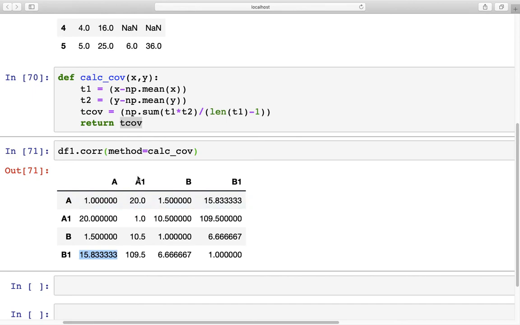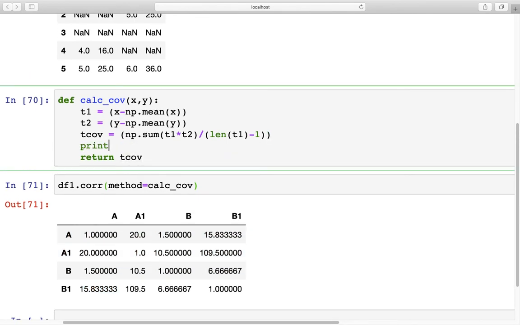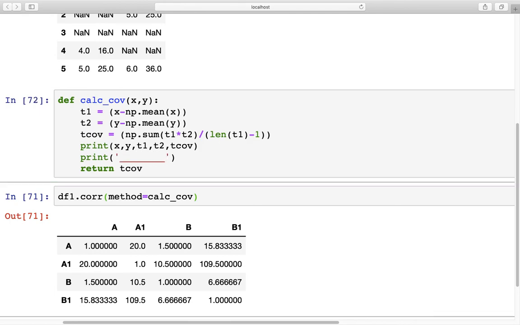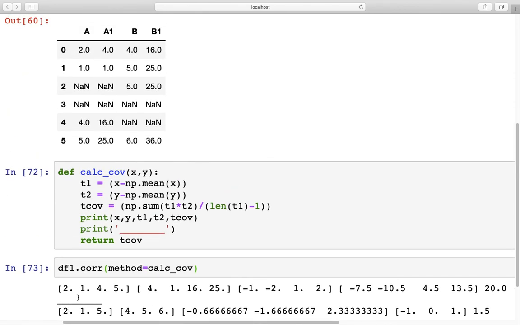And you can also visualize how this works. To do that, we can add a print statement here and print the x, y, t1, t2, and tcov, and then also print a line just to separate the output. When we run this, here we can see that column A is first compared with column A1.